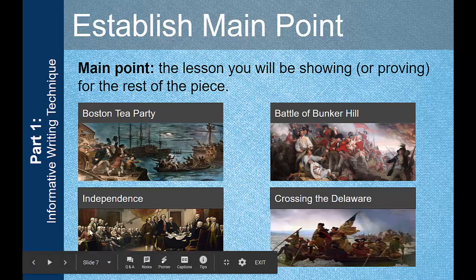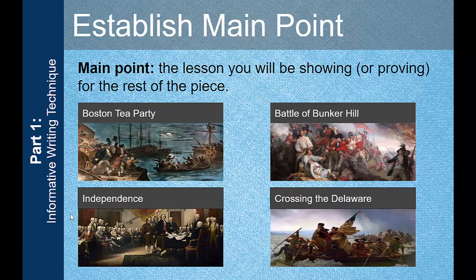For the Declaration of Independence, instead of sharing random facts, you could say the Declaration of Independence was very contested, and it took a lot of backdoor deals to get it done. That would be my main point that I could work off of for the whole rest of the paper.